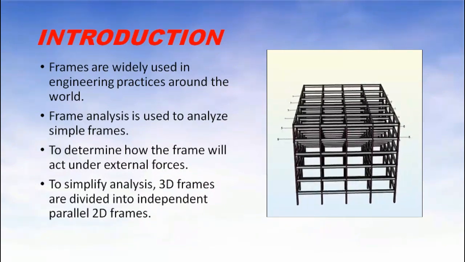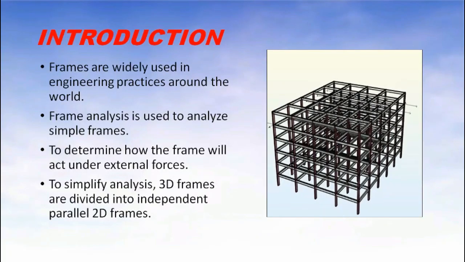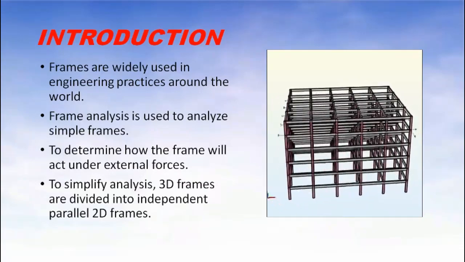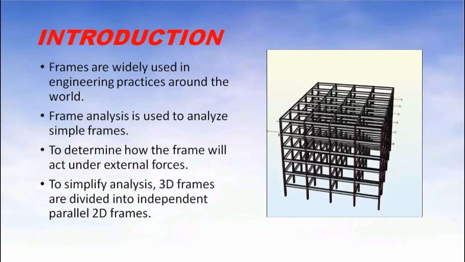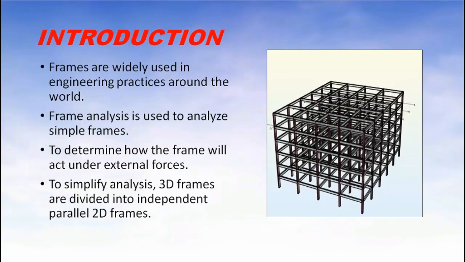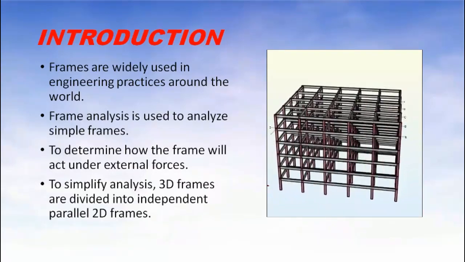In order to simplify the analysis, the 3D frame structure is generally divided into a series of independent, parallel, two-dimensional plane frames along the column line and the longitudinal and transverse directions of the building.